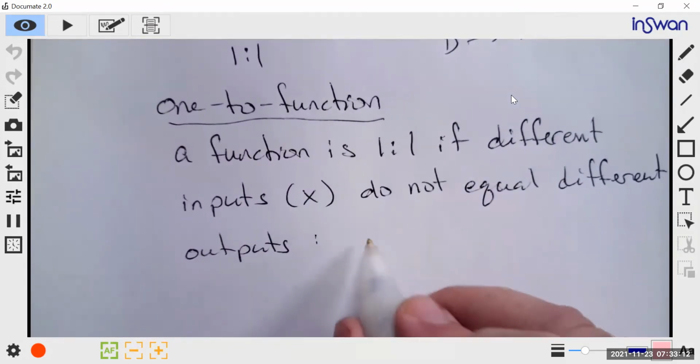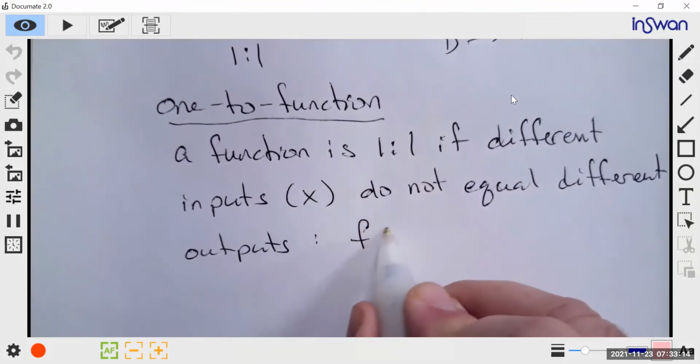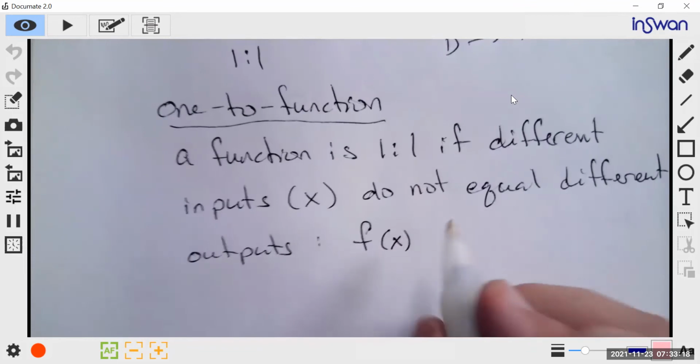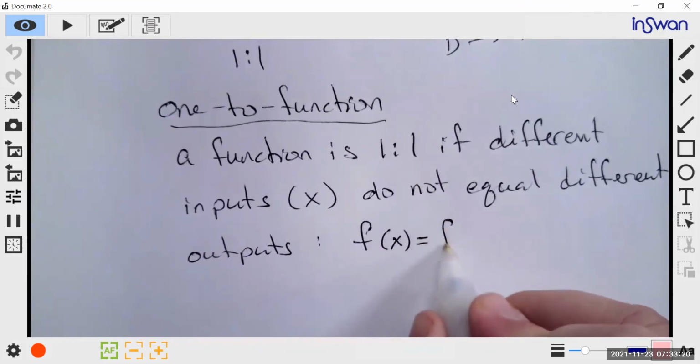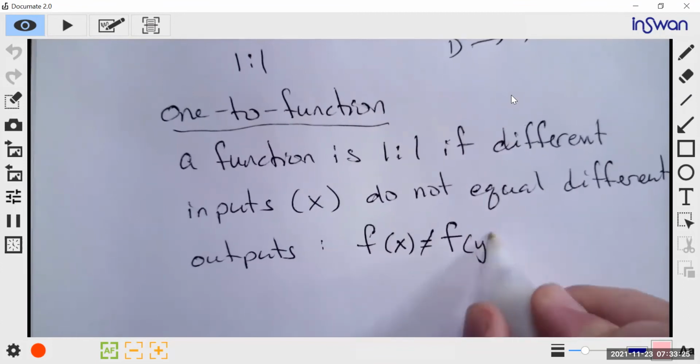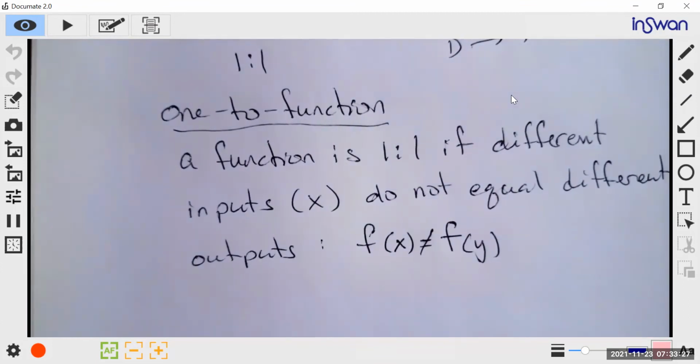So what that means is this. A function with x has to point to, well, it cannot point to a different function, because it has to have different x's, remember?